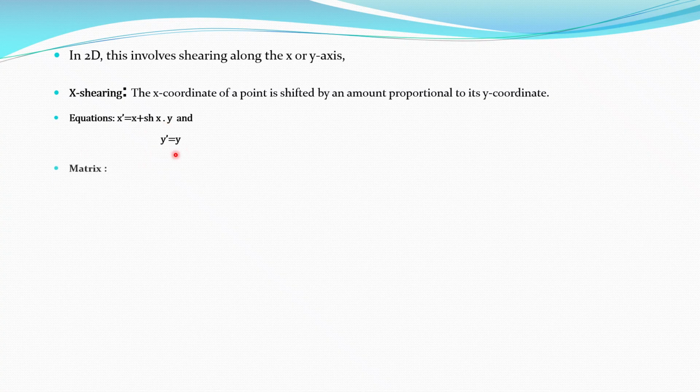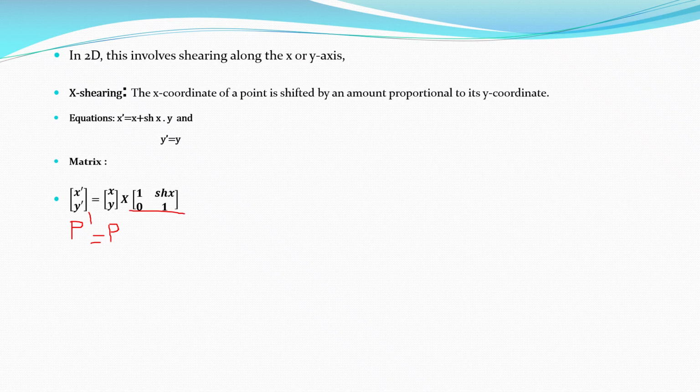So how do we write the matrix here? This is P, and this is P dash, the x dash y dash coordinates. This is your P, the original object's coordinates x y, multiplied with the shearing matrix.